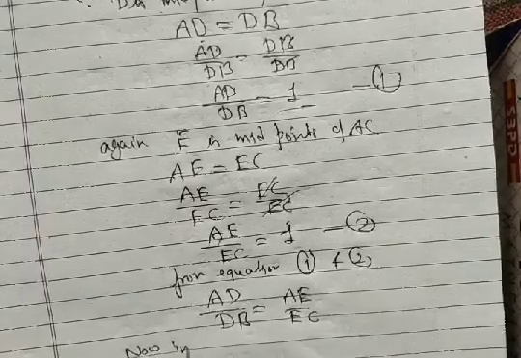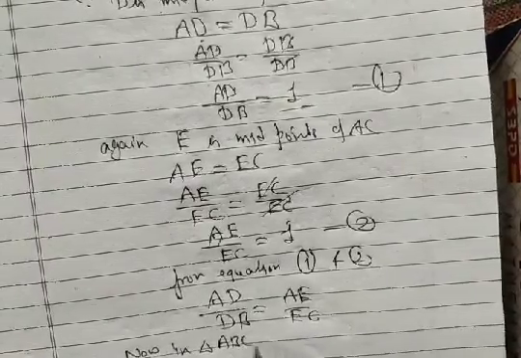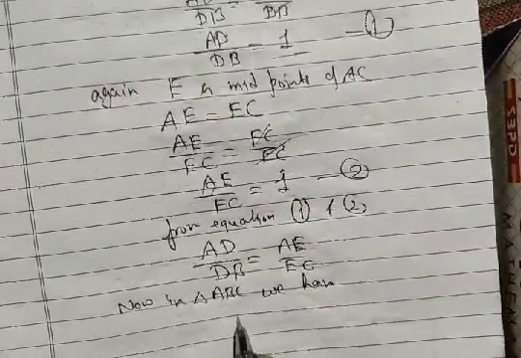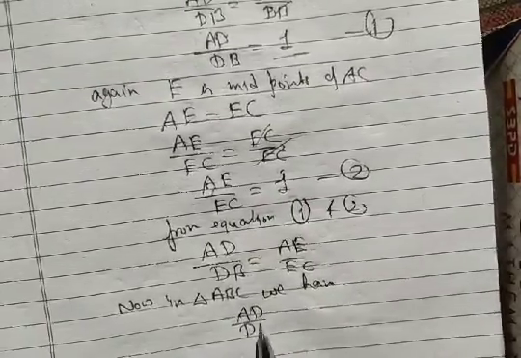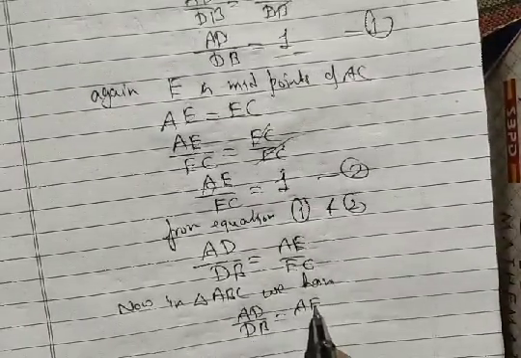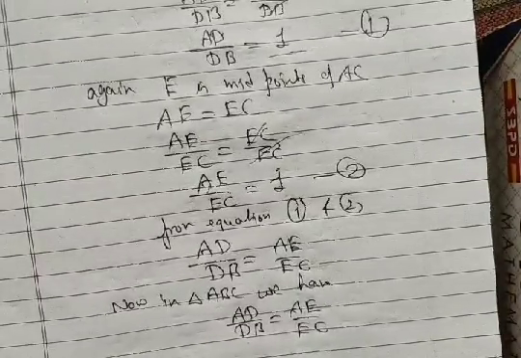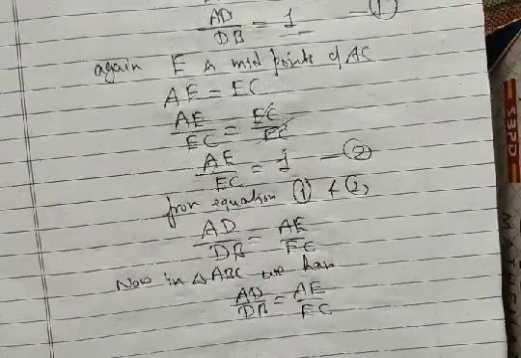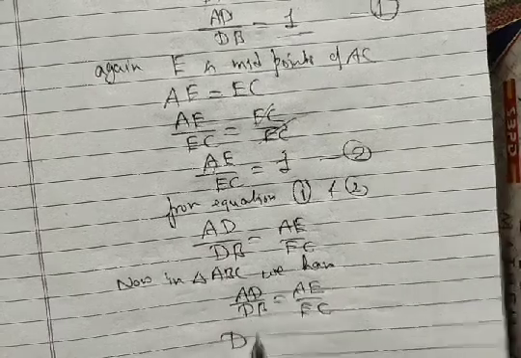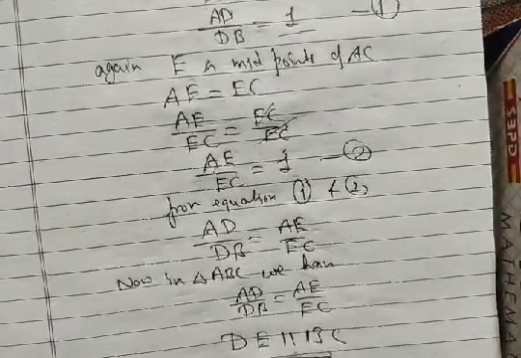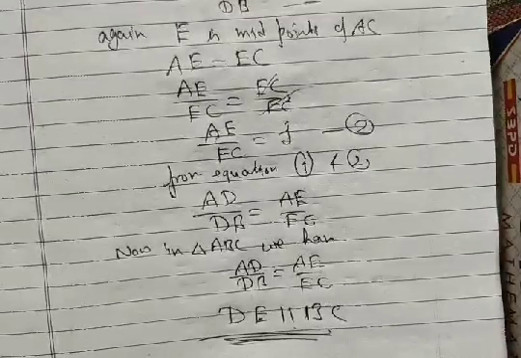Then by the converse of the theorem, we have DE parallel to BC.